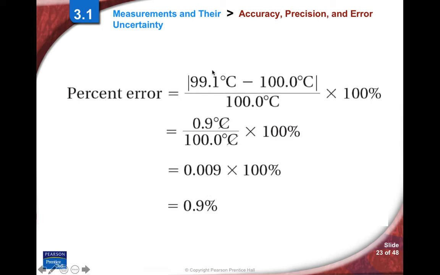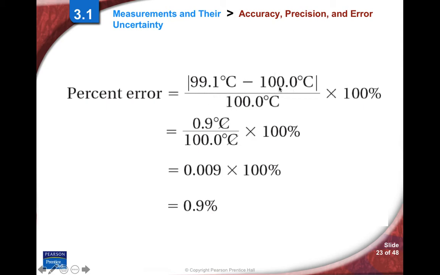Okay. An example for you to see the whole process. You're boiling water, your thermometer says 99.1. You know the accepted value to boil water at 1 atmosphere of pressure is 100 degrees Celsius.